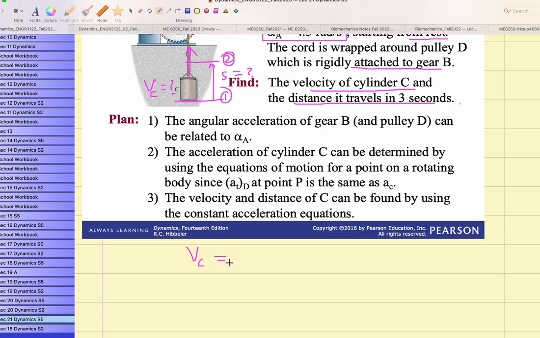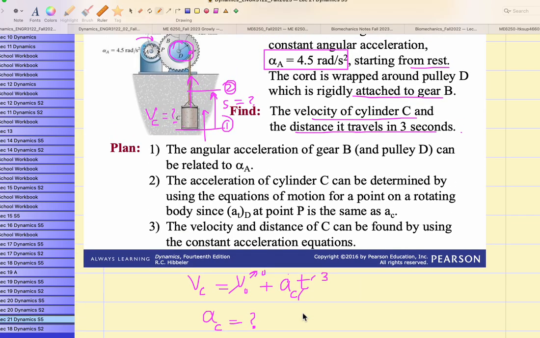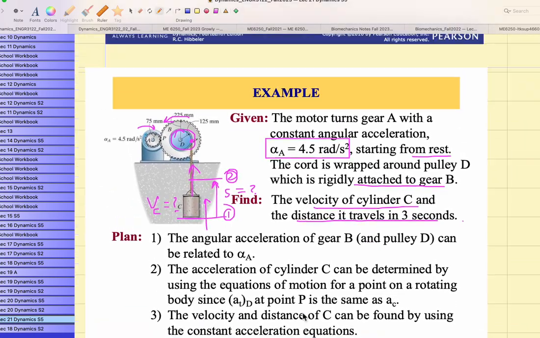Velocity of point C equals starting velocity plus acceleration times time. This is linear motion because the block is moving upward in a linear fashion. But we do not have a_C. How do you find it? Although the initial speed is given, which is 0, and the time is given, which is 3 seconds, the acceleration of point C is not given. But let me show you.